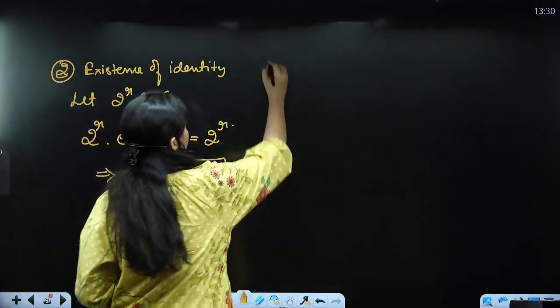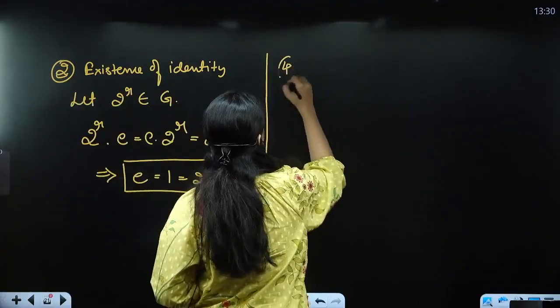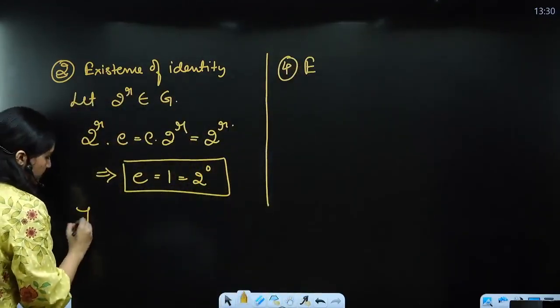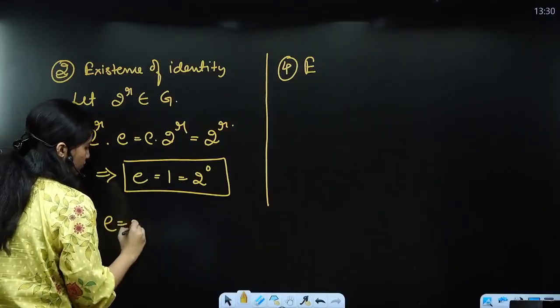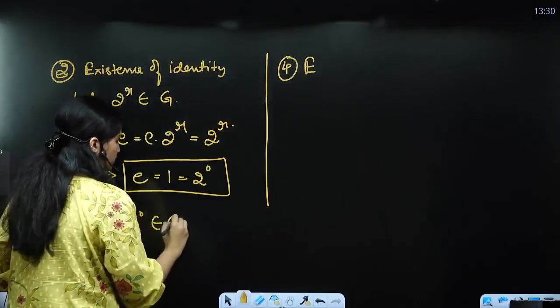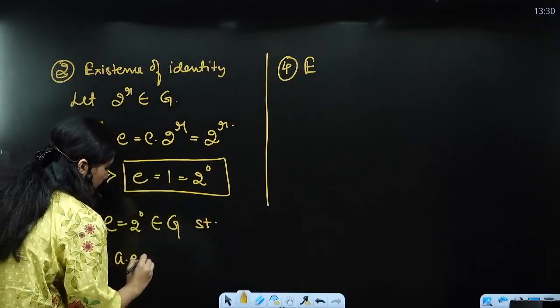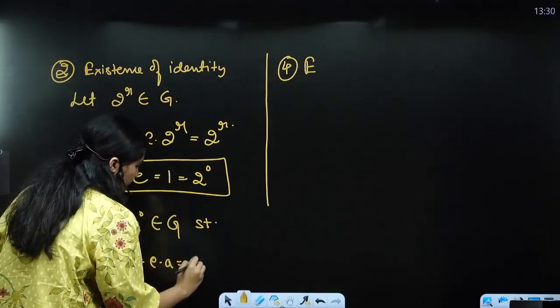And then we have inverse. So I can write there exists e equals 2 raised to the power 0 belonging to G, such that a dot e equals e dot a.